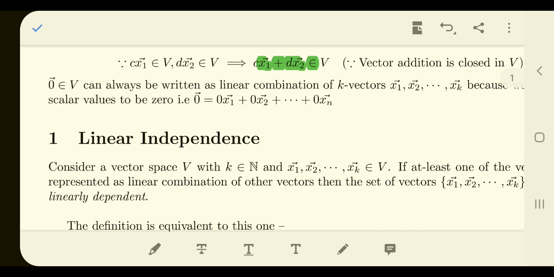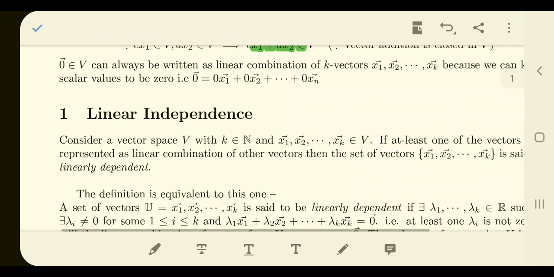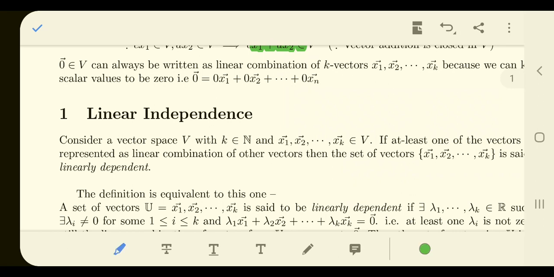Let us suppose that you have a set which contains x1, x2, up to xk, some vectors in V. This set of vectors is called linearly dependent if any vector in the set can be represented by a linear combination of the other vectors.